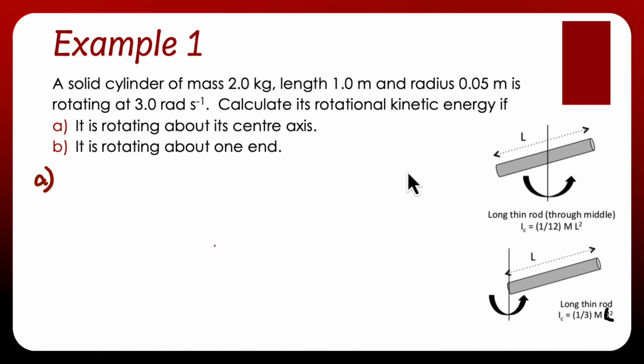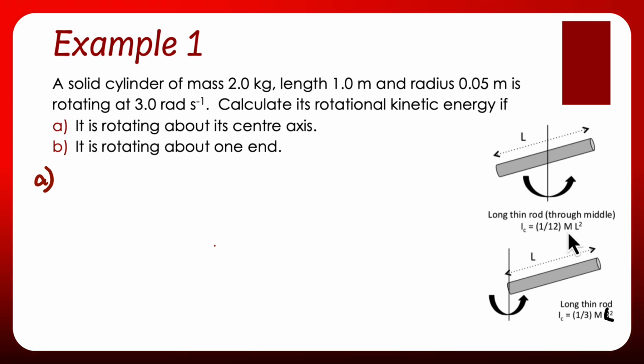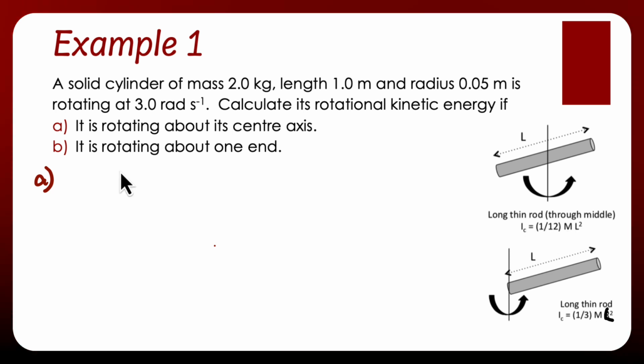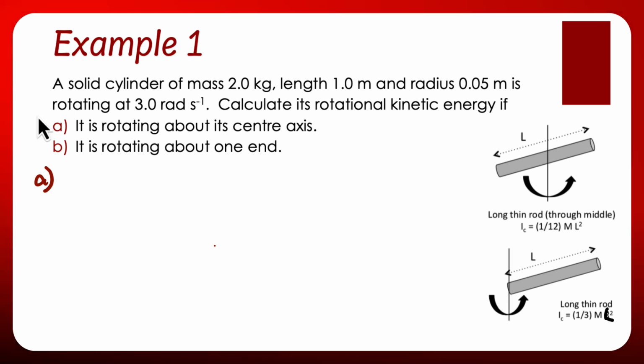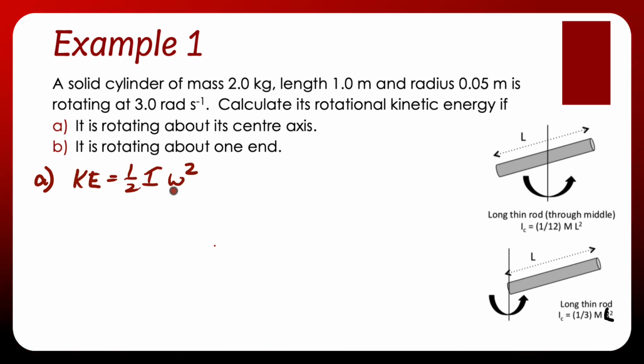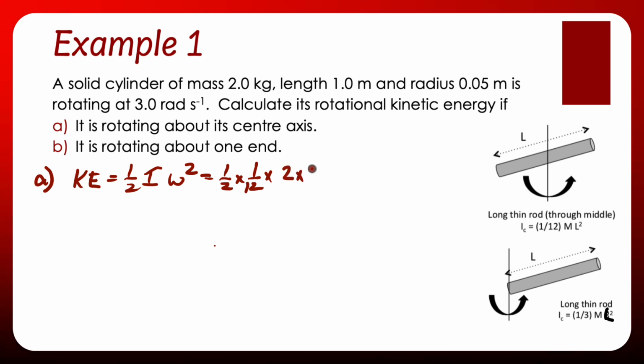In this case, our moment of inertia is 1/12 mass times its length squared. So for kinetic energy, 1/2 moment of inertia times angular velocity squared gives 1/2 times 1/12 times 2 times 1 squared, and the angular velocity is 3 radians per second squared.